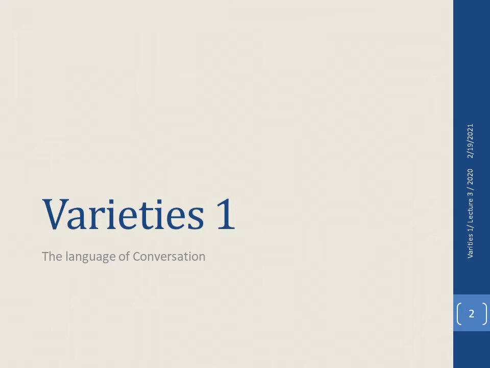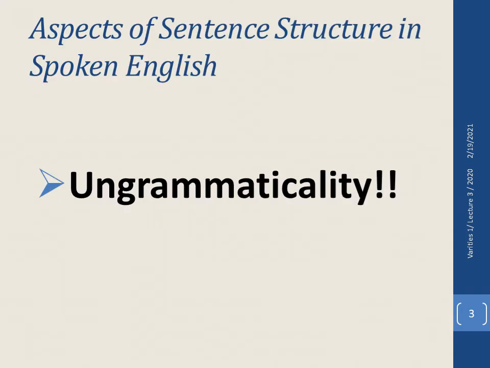We'll go over them, but the most important thing about this lecture today is that we will be learning about their stylistic function, because these ungrammatical features are seen as marked features. In the previous lecture, we saw that the most prominent aspect of spoken English is its ungrammaticality.